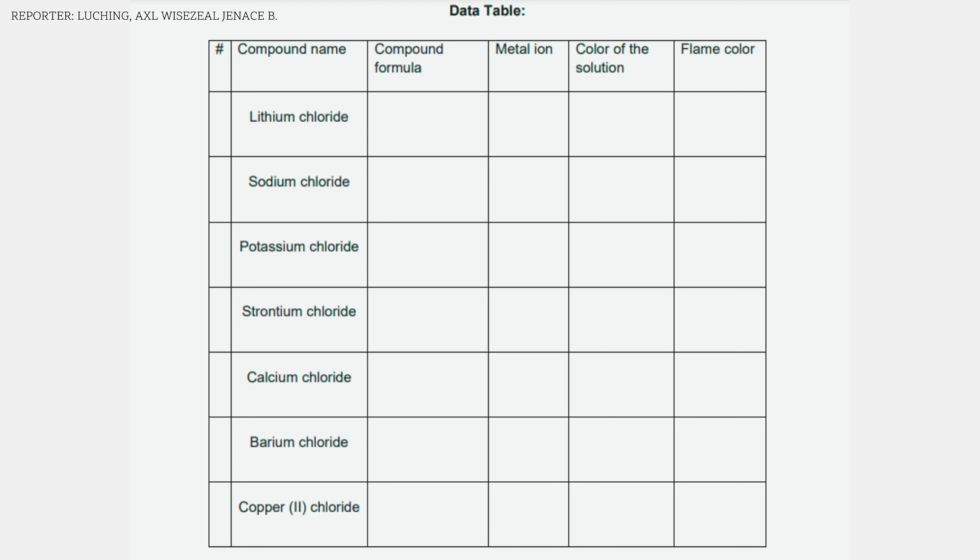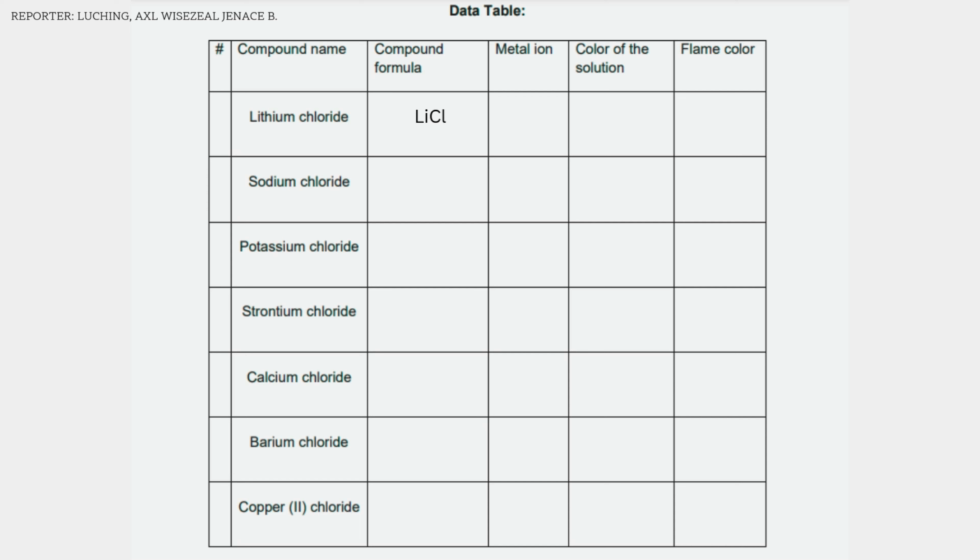What are the present elements in the compound? We have lithium and chlorine. Since we identified the elements present in that compound, let us look in the periodic table for the chemical symbols of those elements.